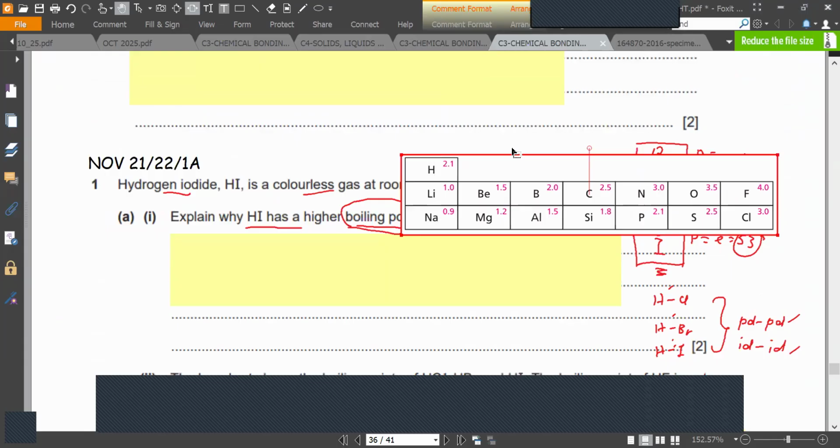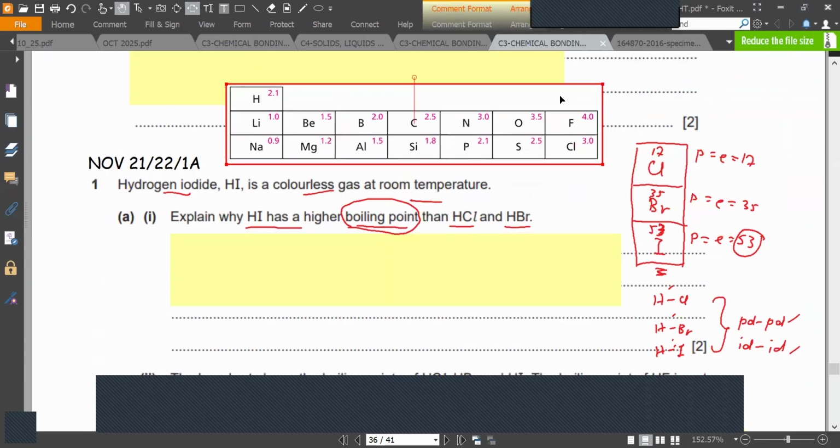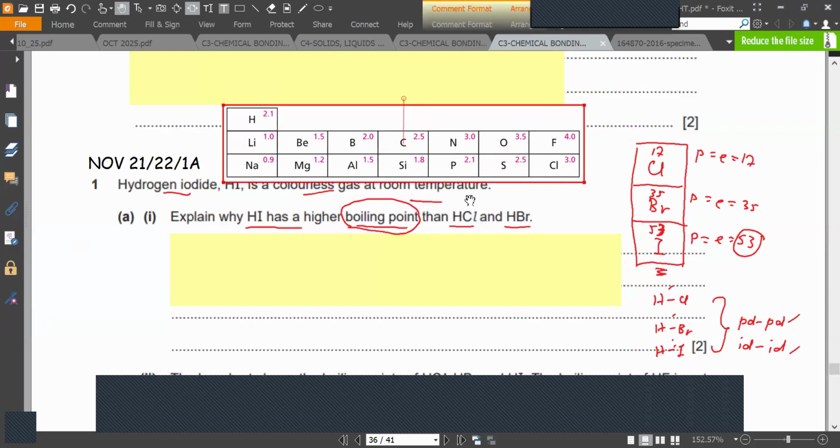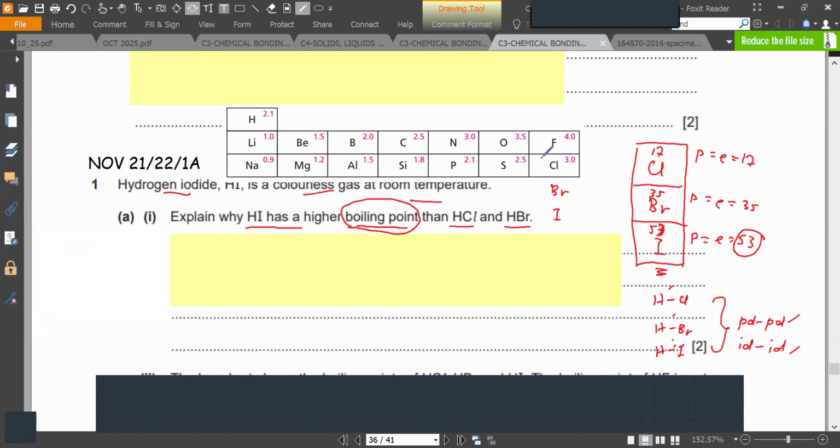F, Cl, Br, I. If we look at the trend, the electronegativity should be decreasing.